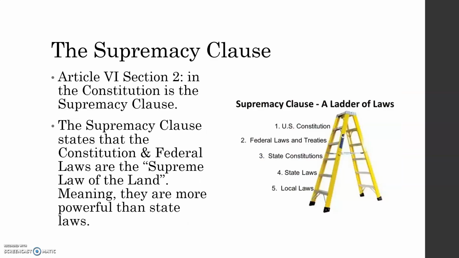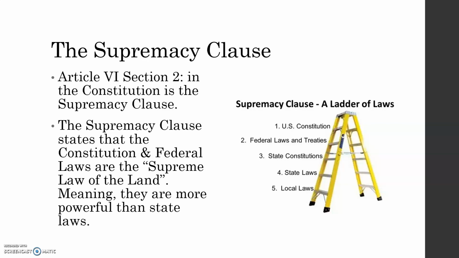So think of it kind of like a ladder with this whole supremacy clause. The Constitution is the one that establishes these governments, and therefore the Constitution gives the power to these different levels of government, and therefore the Constitution is supreme.